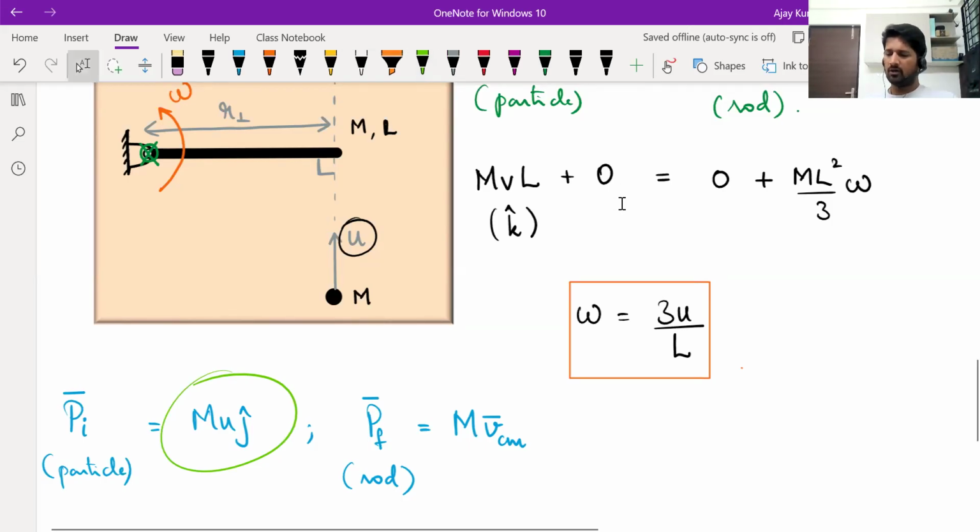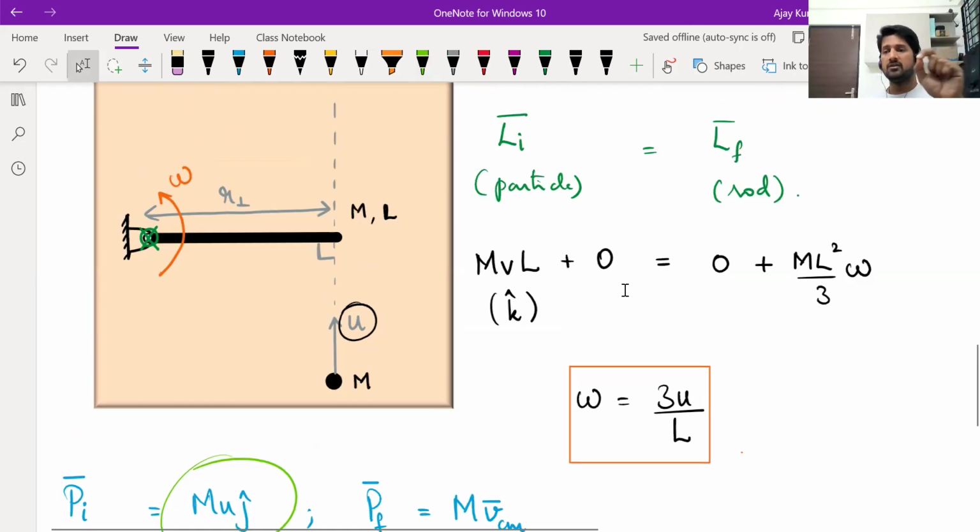Can any of you tell me how to find the velocity of the center of the rod after collision? How to find the velocity of any particle in a rotating system? So v equal to r omega can be used.